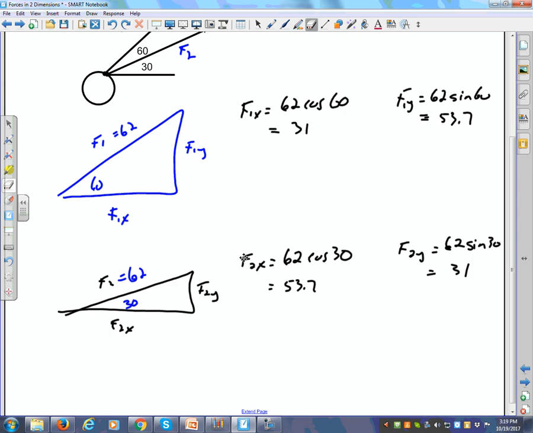So then you're going to add them together. So the resultant x is going to be that plus that. 84.7. Gee, I wonder if the other one's going to be the same. Yeah, it is. You're saying that 53 and 31 are going to be 83? No, I'm not.